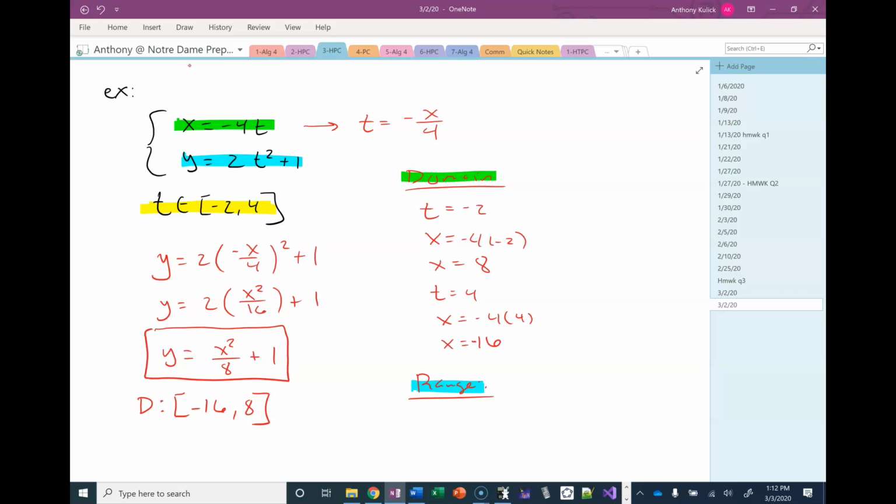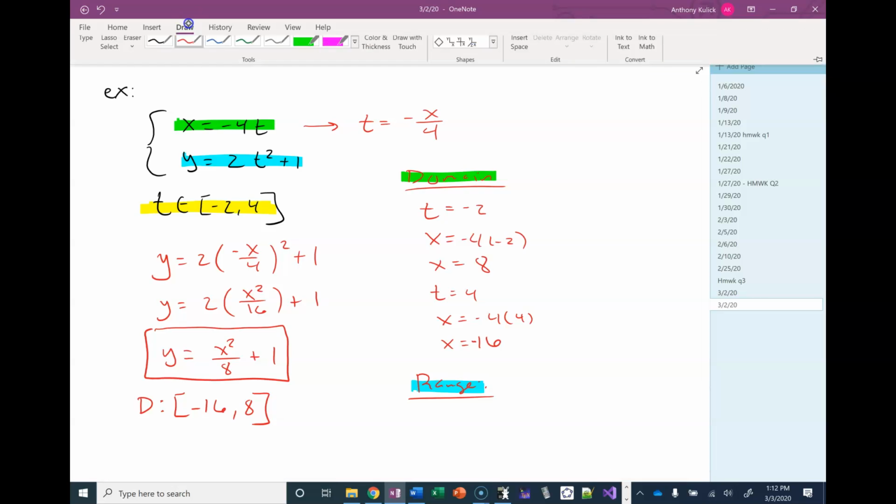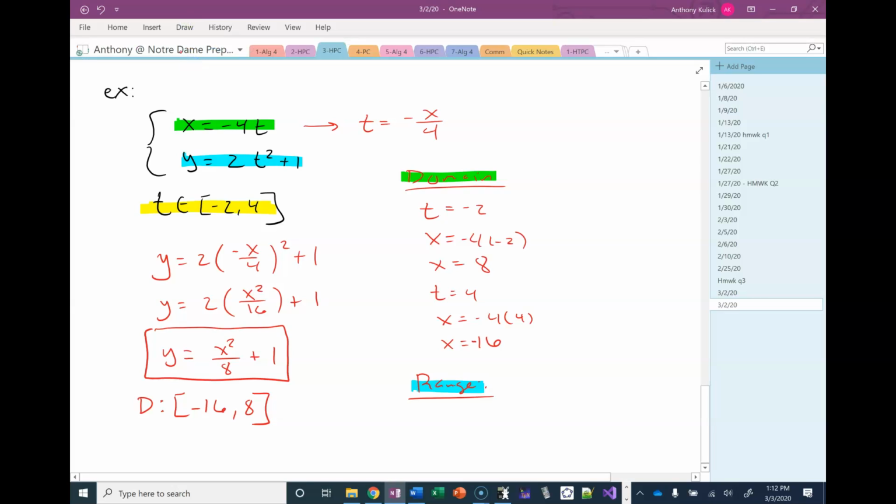What is the vertex for y equals 2t squared plus 1? You should be able to look at that and tell me. Well, in fact, all we really care about is the t coordinate of the vertex.